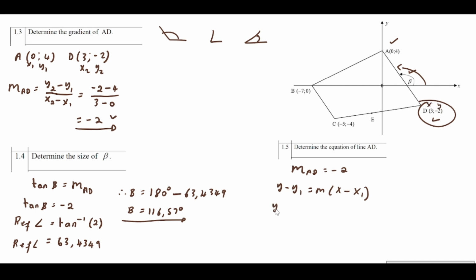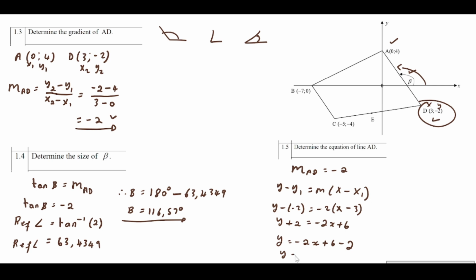So y minus -2 is equal to -2, which is my gradient, into x minus 3. This is going to be y plus 2 equals -2x plus 6, and then you transpose. y is going to be -2x plus 6 minus 2.